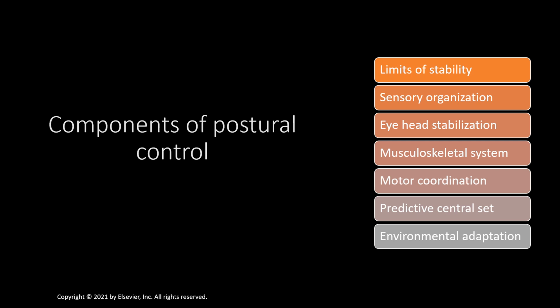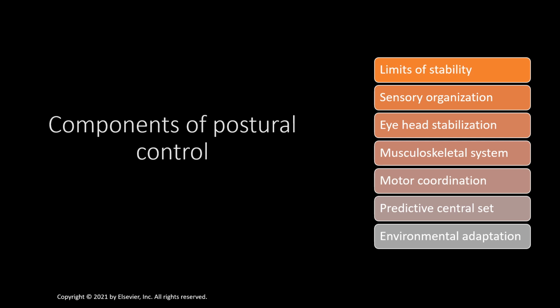Are they able to perceive it? All those things. Eye head stabilization, looking at the vestibular function, are they able to understand what an upright position is supposed to look like? Musculoskeletal system, do they have appropriate firing and appropriate strength needed to maintain the postural control that we're asking them to maintain? Motor coordination, are they able to fire the proper motor units at the proper time to maintain that coordinated postural control?